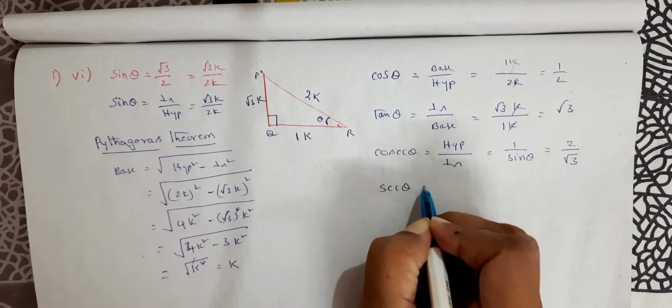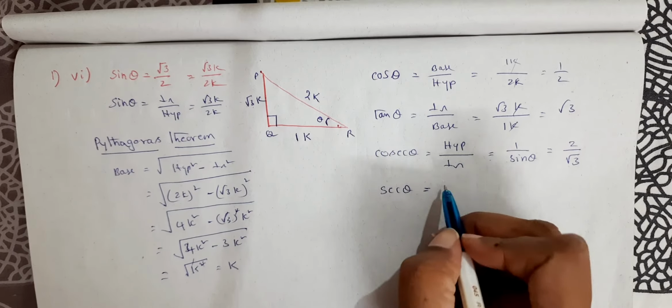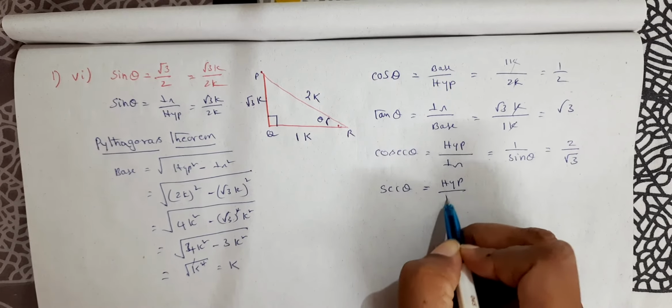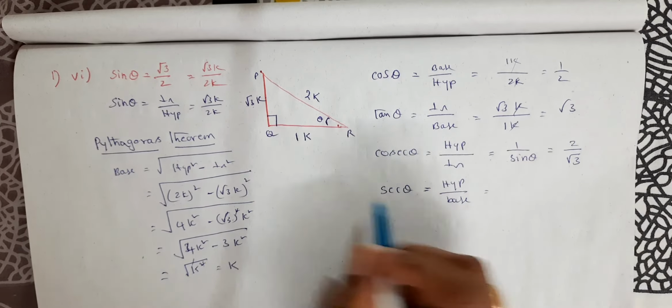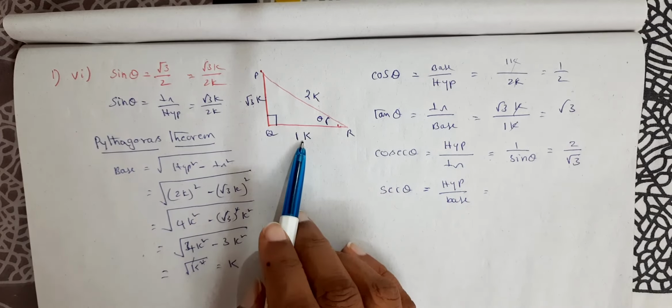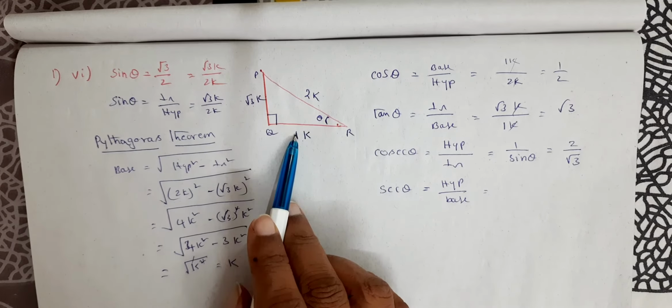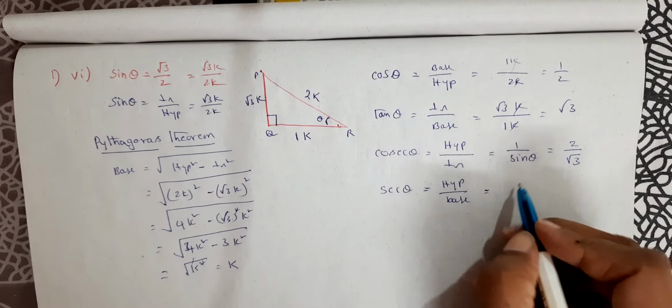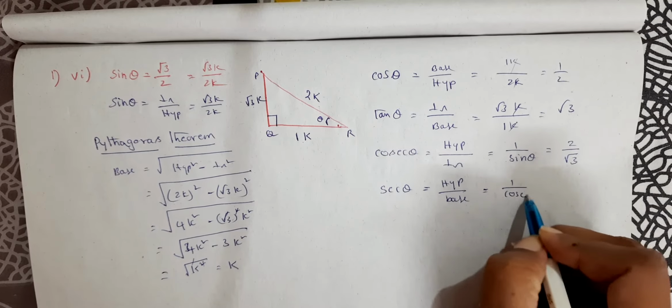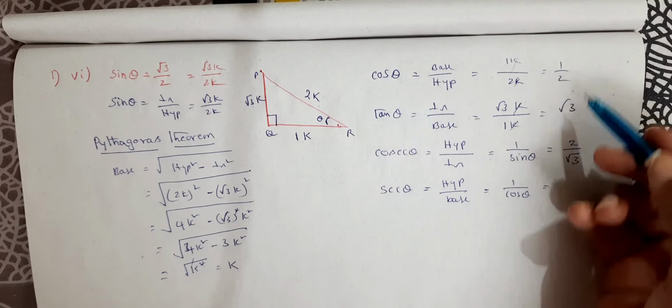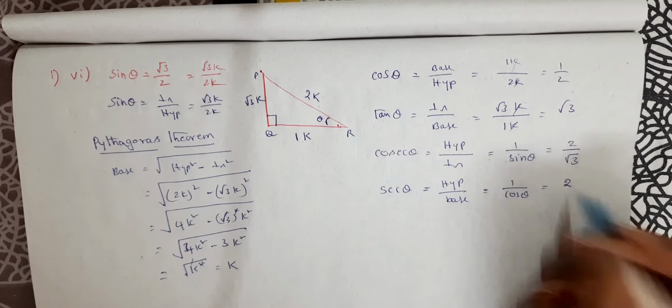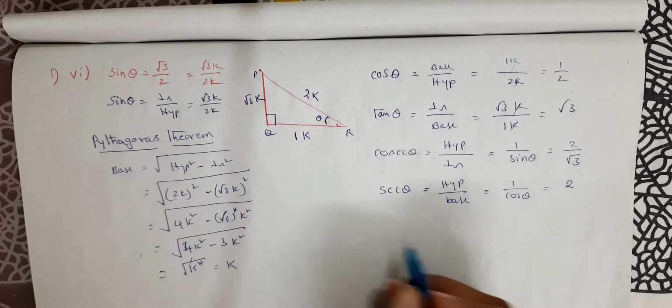Now secant theta is equal to hypotenuse by base. Hypotenuse is 2k by base k. The k's will get cancelled. 2. We will see whether you will get it in terms of 1 by cos or not. 1 by cos theta, cos theta is 1 by 2. Reciprocate it. Yes, we got it. It is 2 by 1, which is 2.